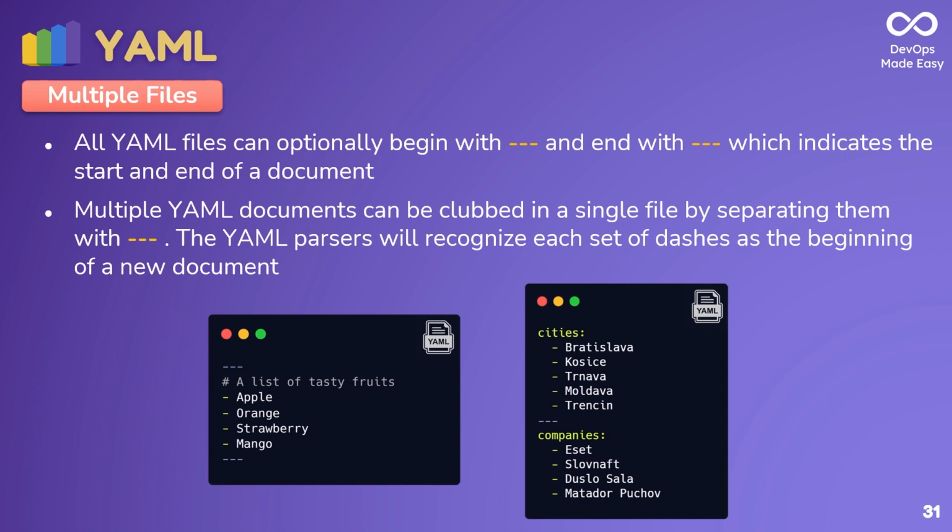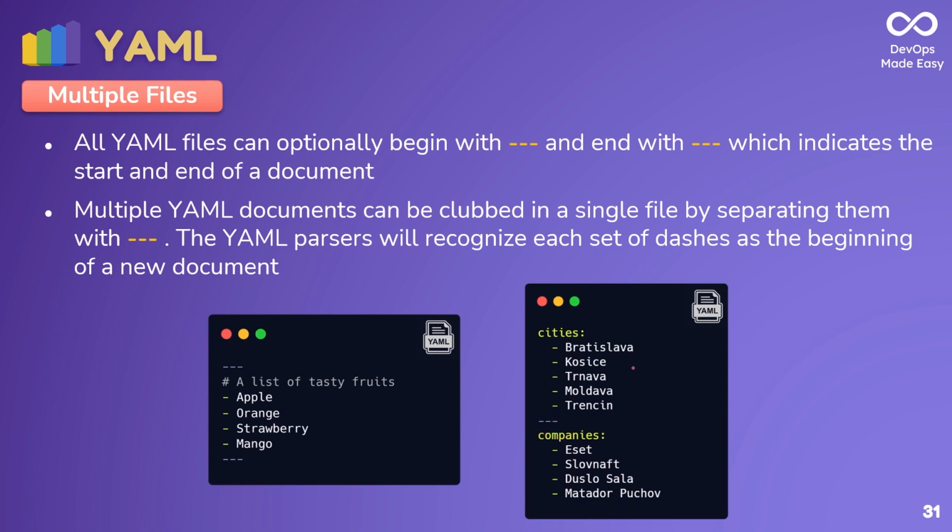Now coming to the other part in the YAML series, which is multiple documents. I can have multiple files defined in the same YAML document by separating them with three hyphens. This part becomes one YAML document, and this part becomes another YAML document. The YAML parsers can recognize these two as different YAML documents with the help of the three hyphens.